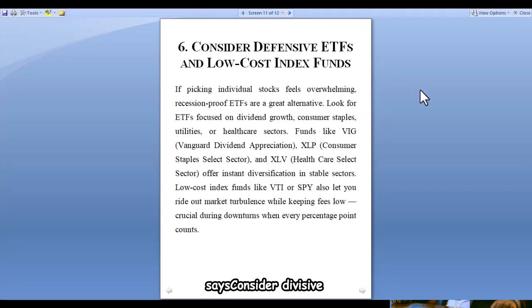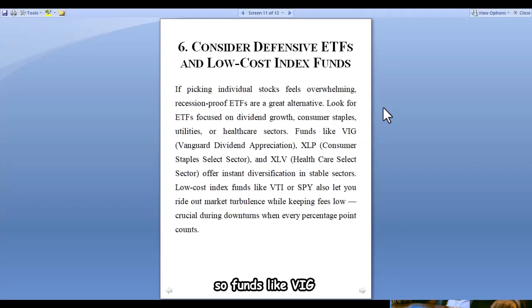Number 6 here says consider defensive ETFs and low cost index funds. So if picking individual stocks feels overwhelming, recession-proof ETFs are a great alternative. Look for ETFs focused on dividend growth, consumer staples, utilities, or healthcare sectors.